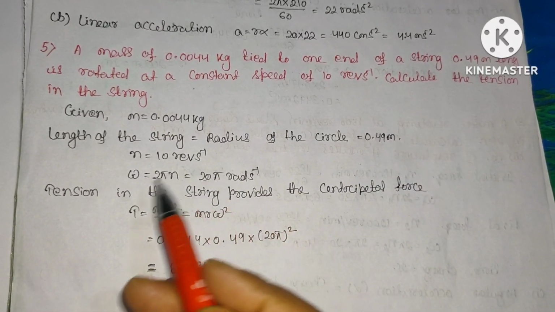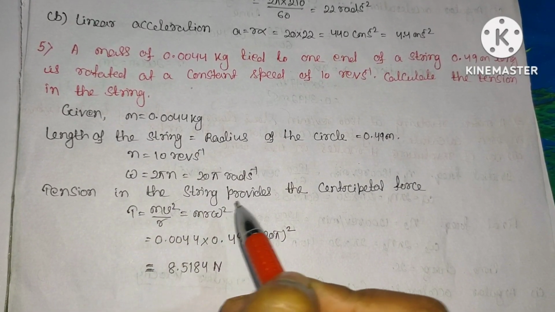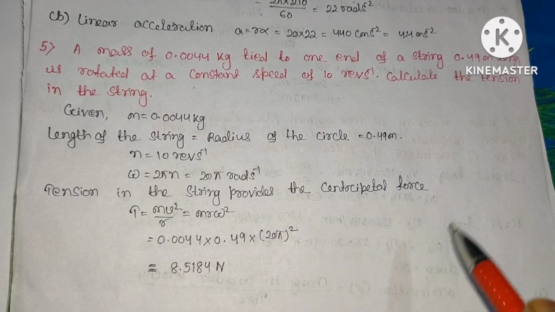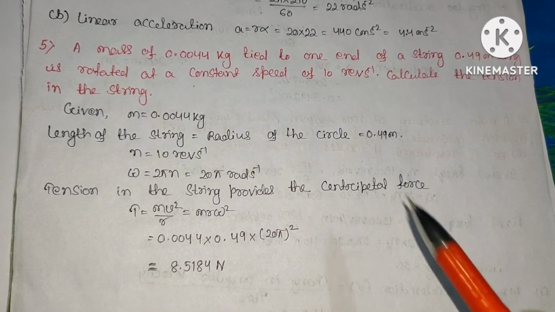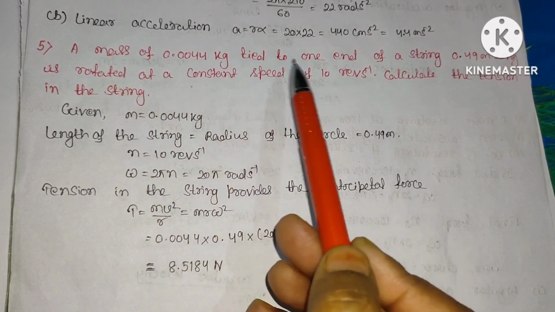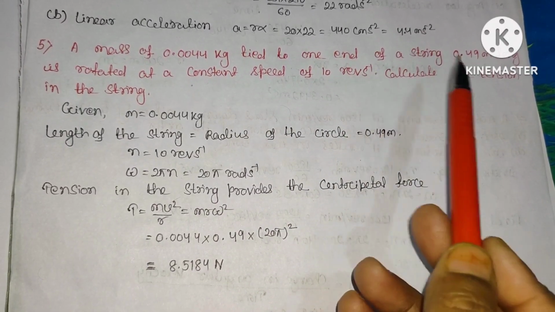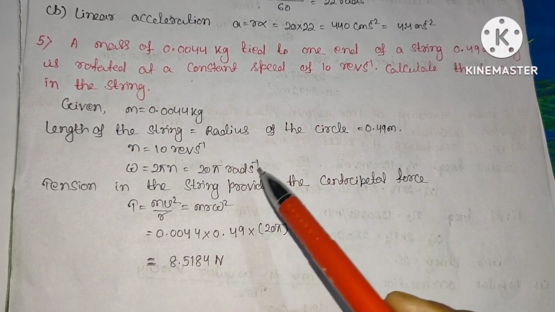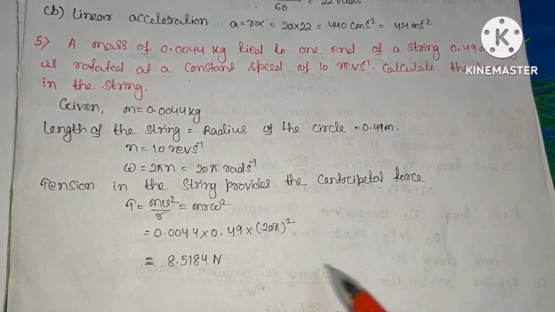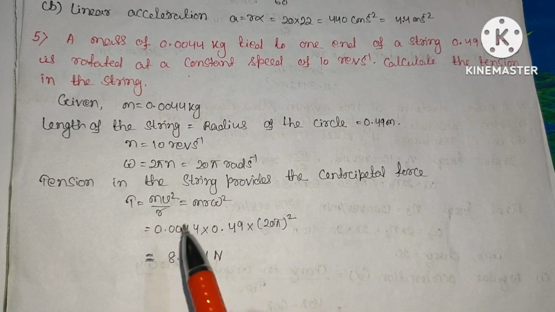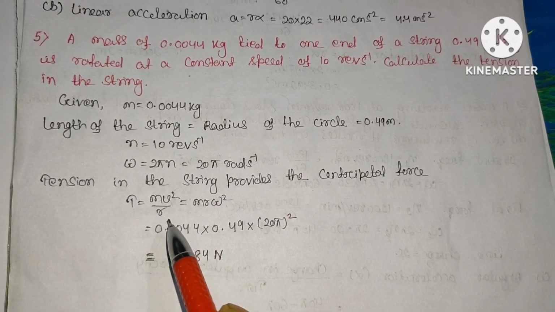It is asking now what is the tension in the string. The tension in the string will be provided by the centripetal force, because the mass is tied at one end of a string. So when it is rotated, it makes a circular path. So the centripetal force here is T equal to mv square by r.